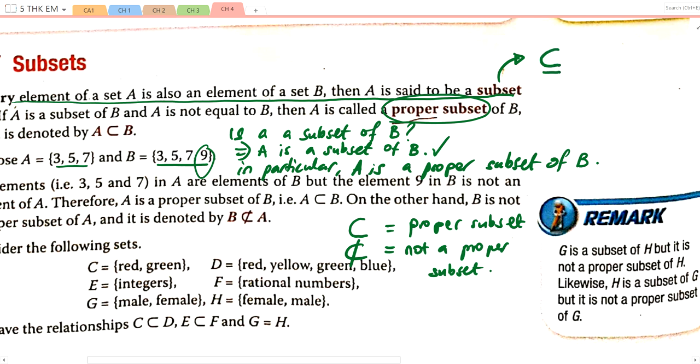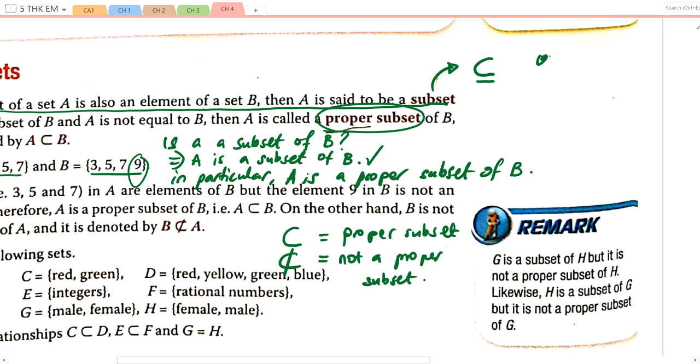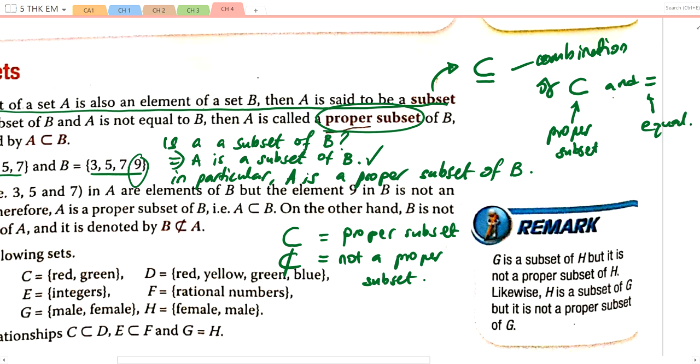It is this one. You can think of it as a combination of proper subset and equal. So this over here is a proper subset. Here we've got equal. Combine them and we get subset.